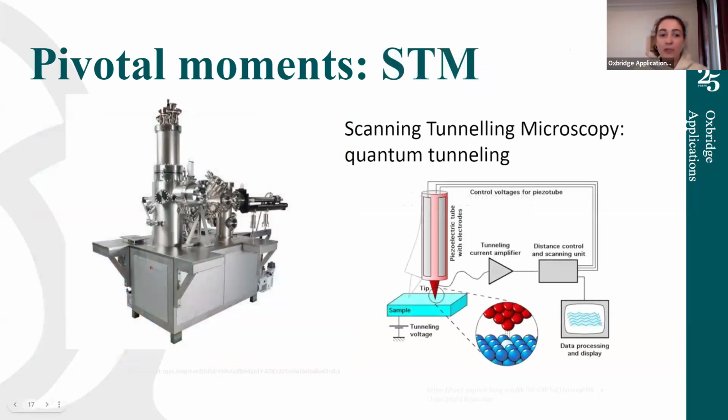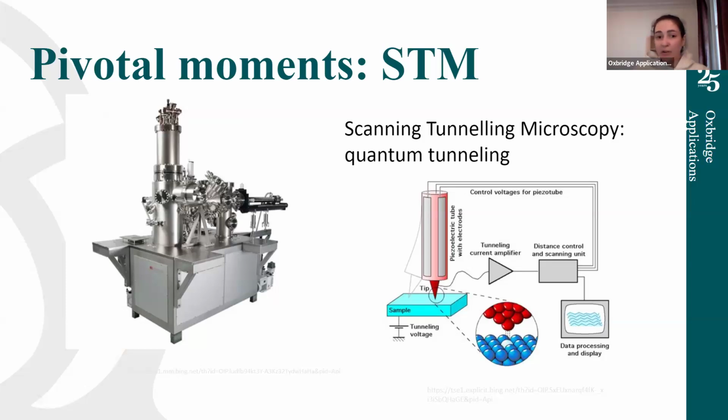One of the most significant breakthroughs, though, came 10 or so years later in 1981, and this was with the invention of the scanning tunneling microscope, so STM, which you may have heard of. So scientists Binnig and Rohrer invented the STM.